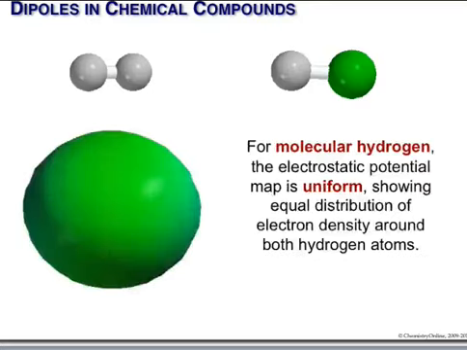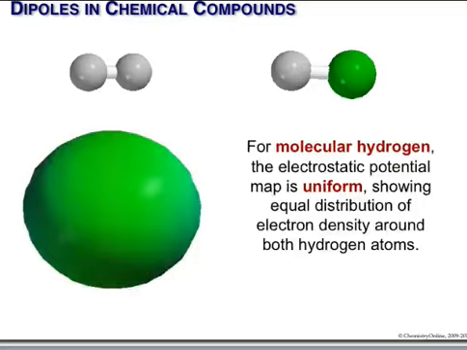For hydrogen, you wind up with something that looks like a little egg. It's green. Green all over. We have nice, uniform electron density. Both elements are the same. Sharing is perfect.